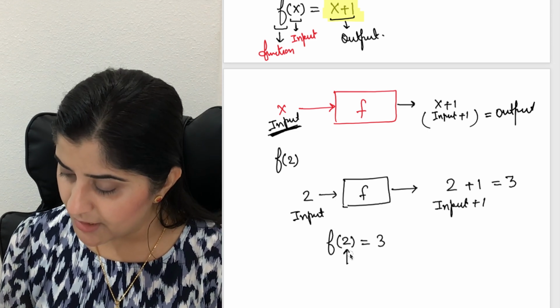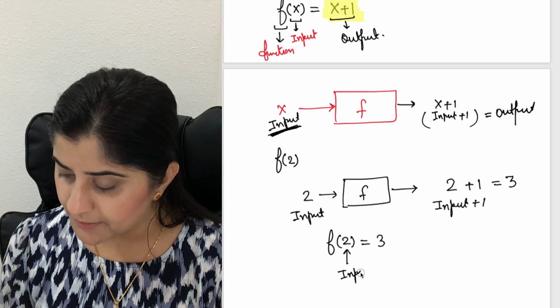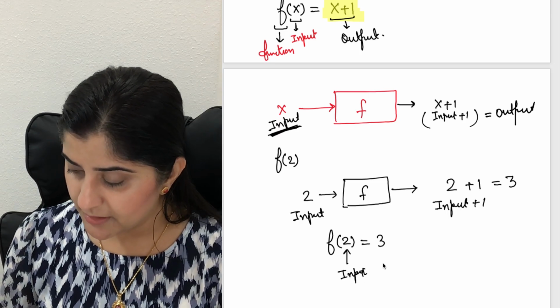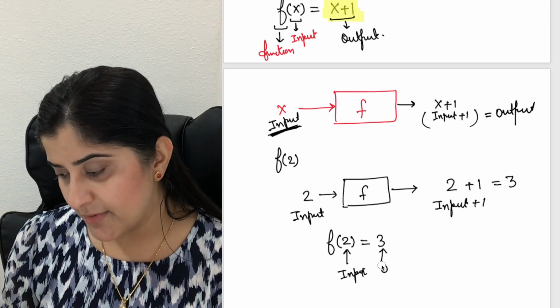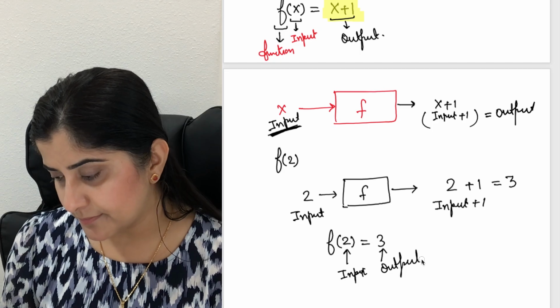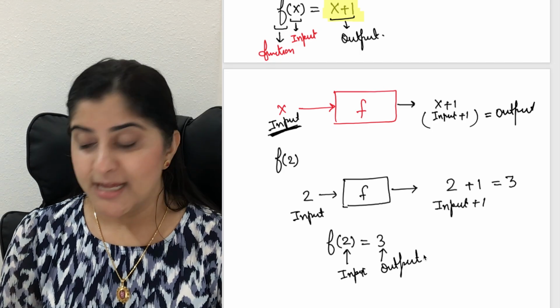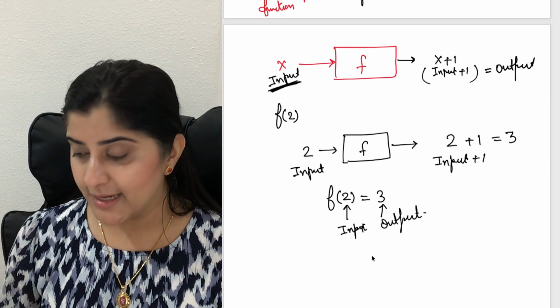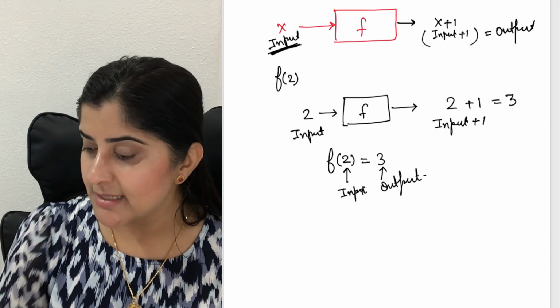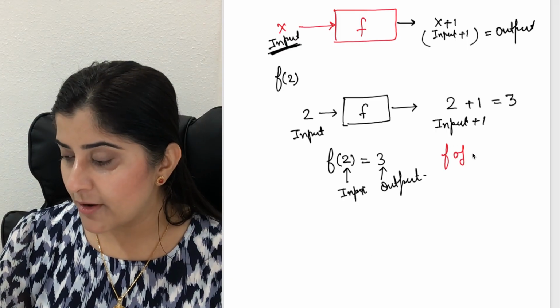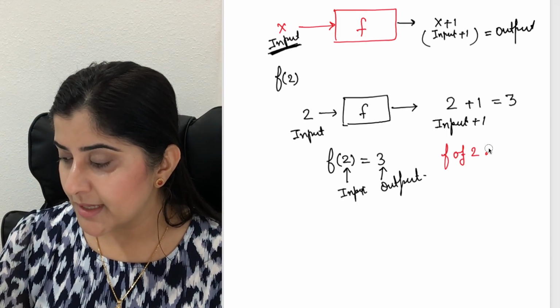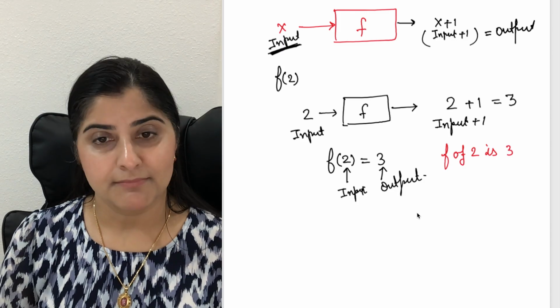That means when you input 2 in the function, it does some processing and gives you the output 3. So how to read this? f of 2 is 3.